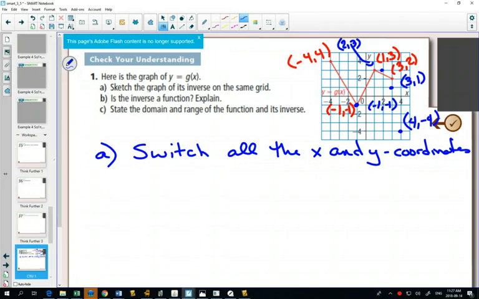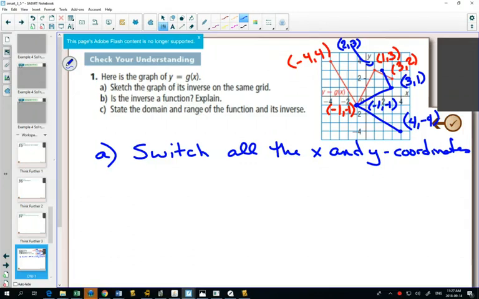Now we have 4 new points, and we have to connect those dots. One way is to go in order. This one's connected to this one, so that means this one has to be connected to that one, and so on.